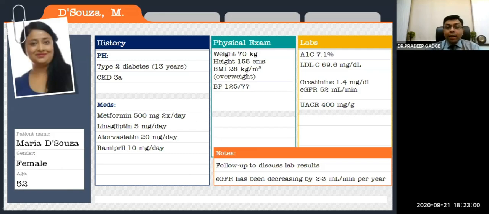Now, coming to why did I give her atorvastatin? So this lady had started developing mild retinopathy and had hard exudates in the retina of the eye. Now understand that atorvastatin is a lipophilic statin. Rosuvastatin is a hydrophilic statin.